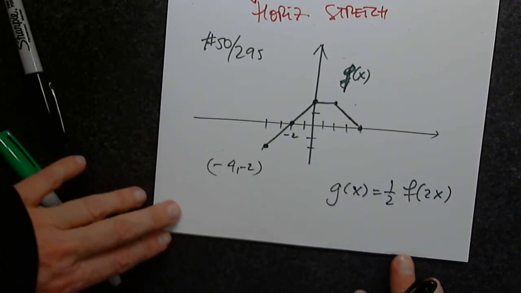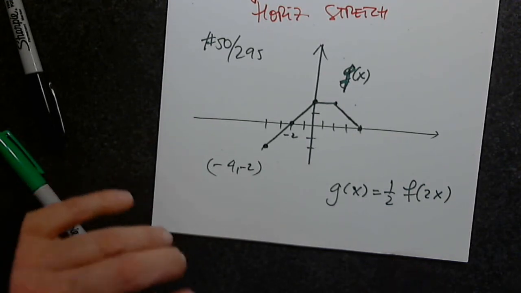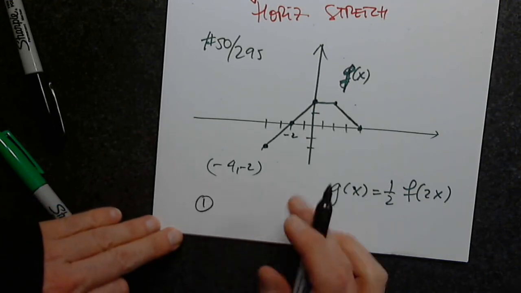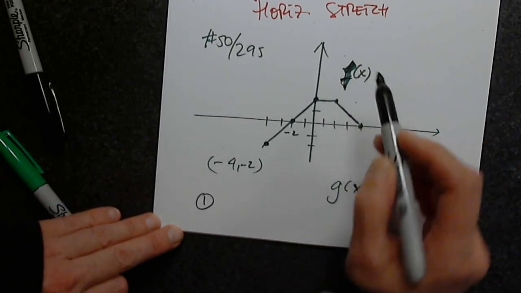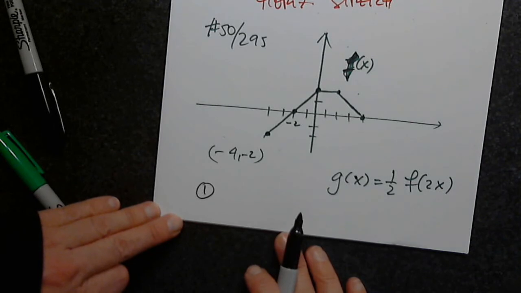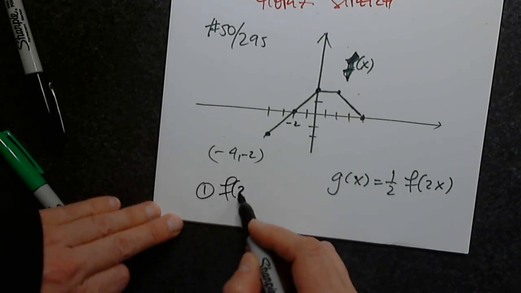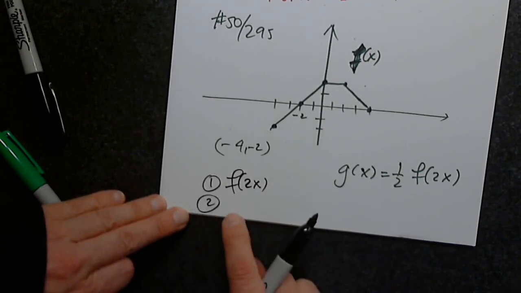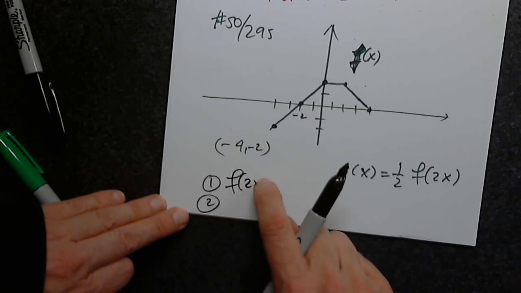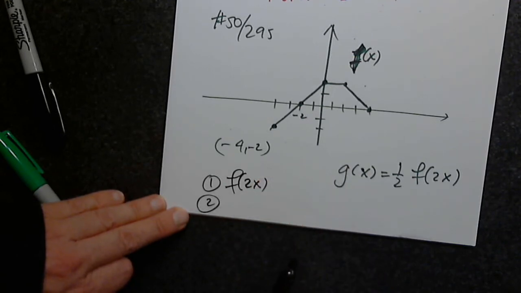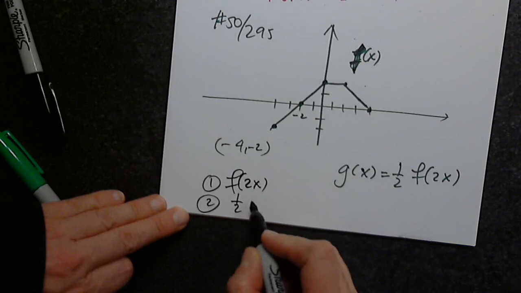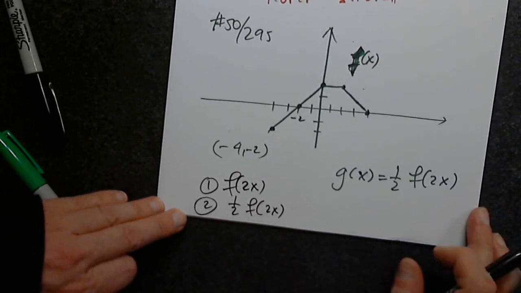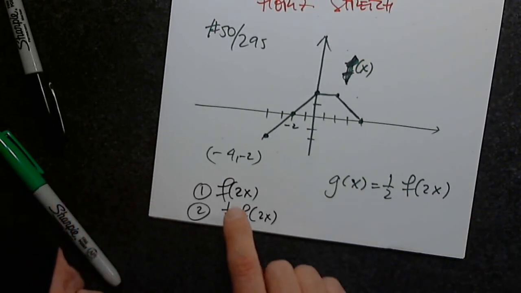Okay, ready? Which is the first transformation we have to perform on f of x? Yes, f of twice x. Which is the second transformation that will be performed on the function? 1/2 f of twice x. Excellent. Good. So what does this mean?